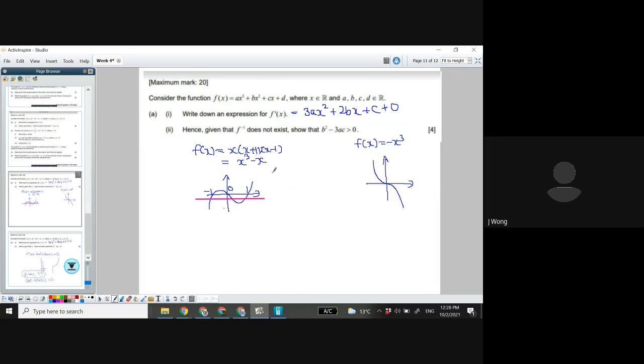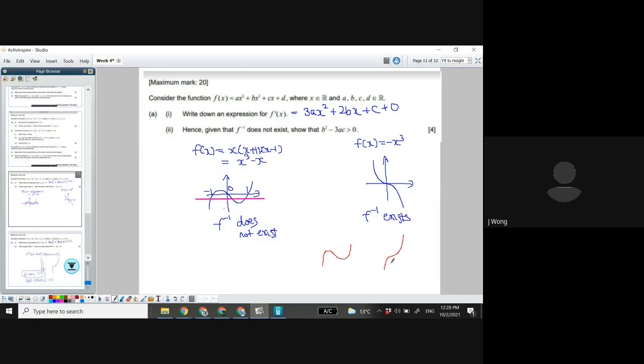Okay, and so this one, let me just label it down first. f inverse does not exist, and the one on the right, f inverse exists. Okay, and now if you notice the shape of the curve, not only whether it be happy or sad, if I change this one into happy, it will look like this.